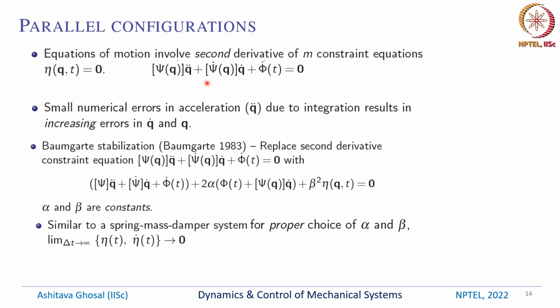So any small numerical errors in q double dot due to integration will cause increasing errors in q dot and q, because you are not solving this, you are actually solving this. What you will get is not eta of q, t equal to 0, but possibly eta of q plus c1 plus c2t, and if c1 and c2 are increasing with time, the actual eta of q equals 0 will not be satisfied.